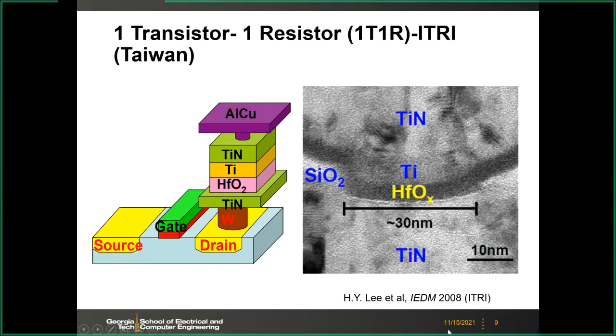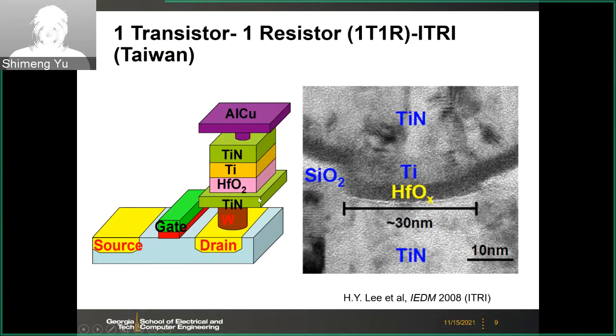Back in 2008, ITRI was the first to report the hafnium oxide-based RRAM technology, and this device structure has later been transferred to many other companies, including today's TSMC. They use a similar stack as this one.